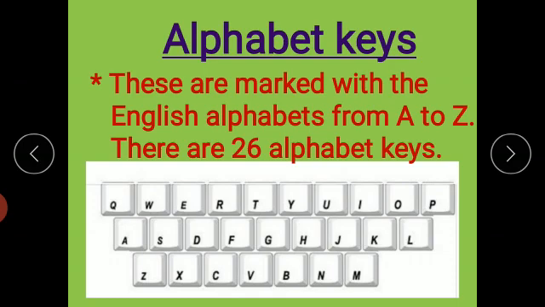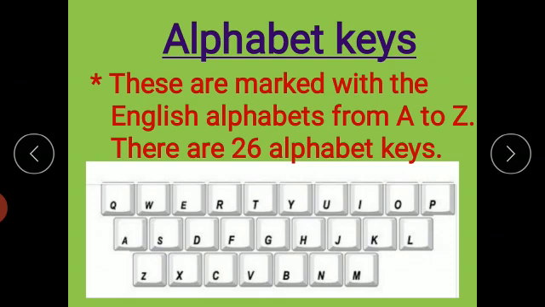A, B, C, D, E, F, G, H, I, J, K, L, M, N, O, P, Q, R, S, T, U, V, W, X, Y, Z. Yes, A to Z. So see, A to Z letters are written over there on all the keys.